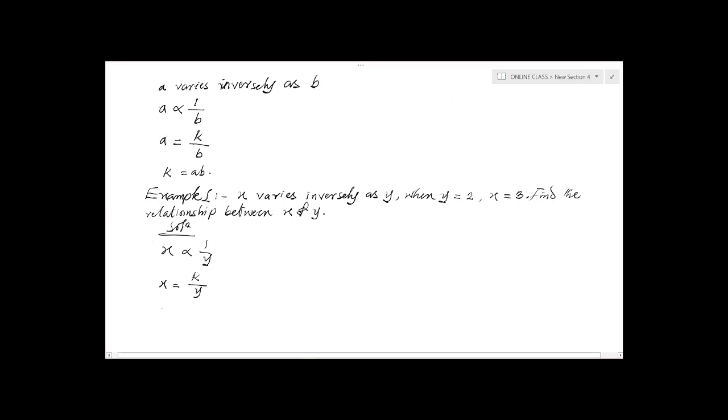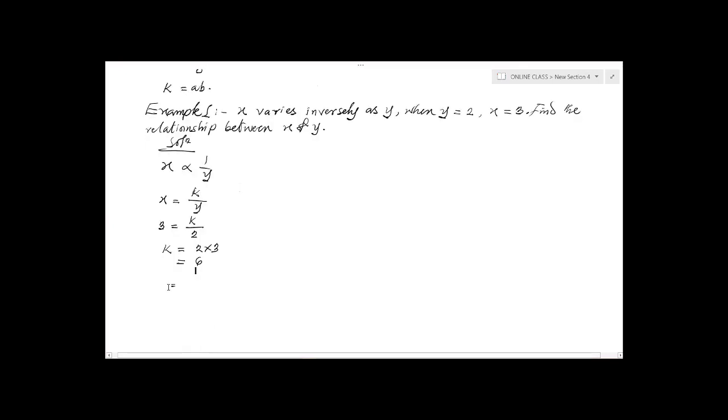X is 3, right? Change it to 3, equals K over Y. Our Y is 2. Cross multiply. K equals 2 times 3, and that's equal to 6.